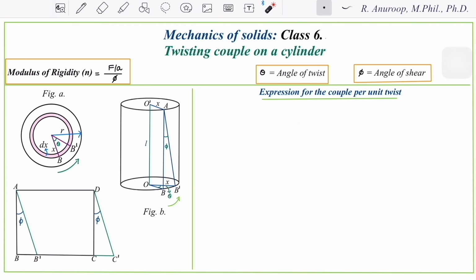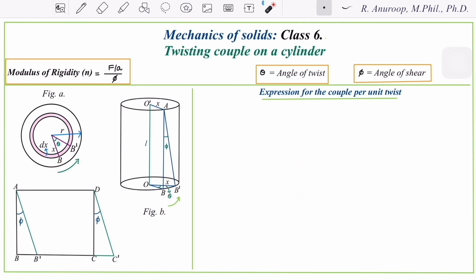Here theta is the angle of twist, which is 0 at the fixed end and maximum at the free end. When the cylinder is twisted, what happens to the point B on the cylinder of radius x? It changes to B dash.